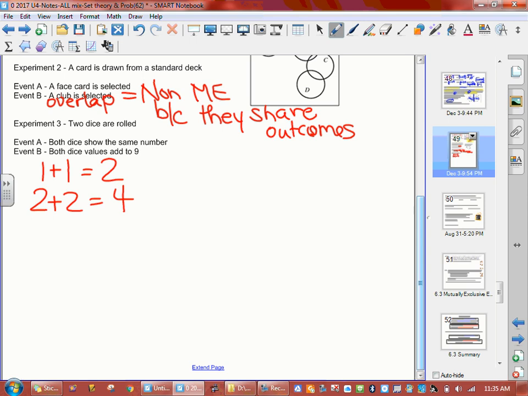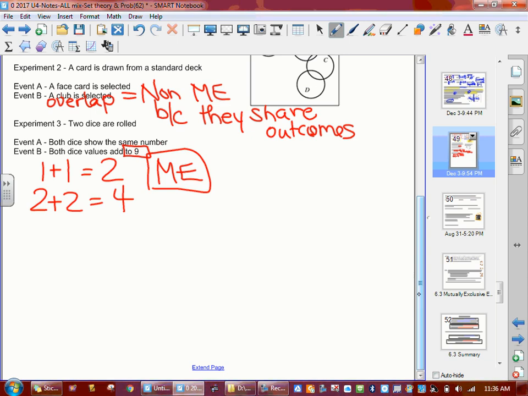A 3 and a 3 will give me a 6. So when I have double numbers on a die from 1 to 6, I'm always going to get an even number for an answer. So is it possible to get them to add up to 9? No, they would not add up to 9. It's impossible. So that means this is mutually exclusive. There's no overlap, okay, because they can't add up to 9.